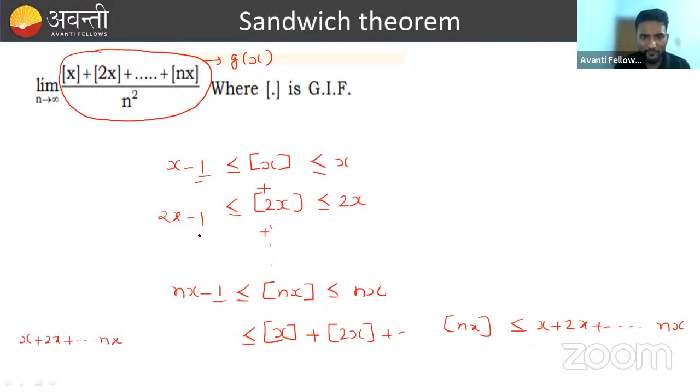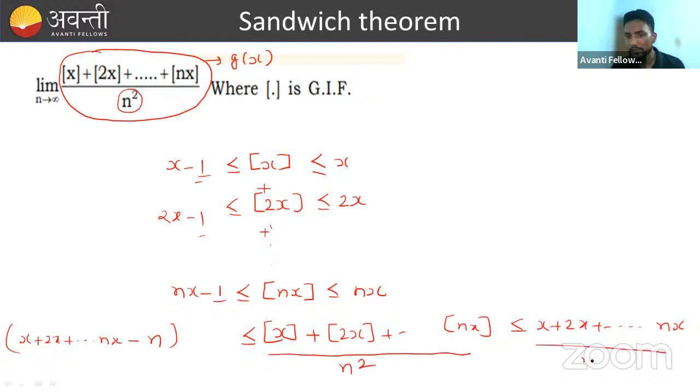And minus 1 on every side, so minus 1, it will be n times. So now you can see again it is divided by n square, right? I have to divide by n square, divide by n square, and divide by n square. So now you can see the middle portion is what?